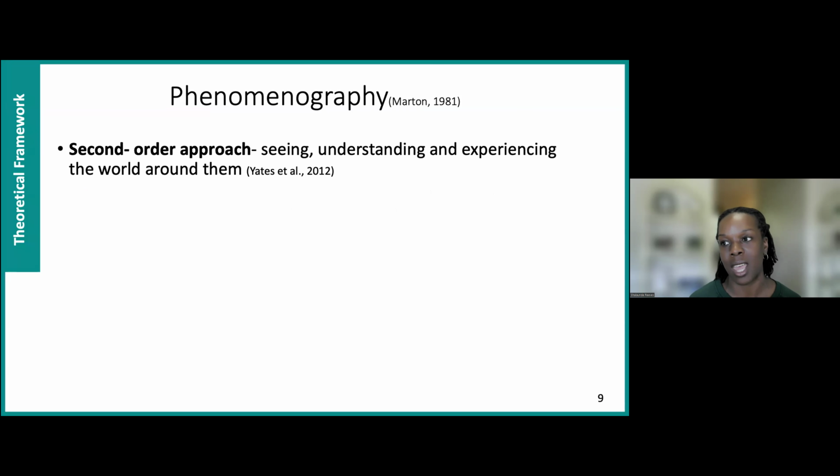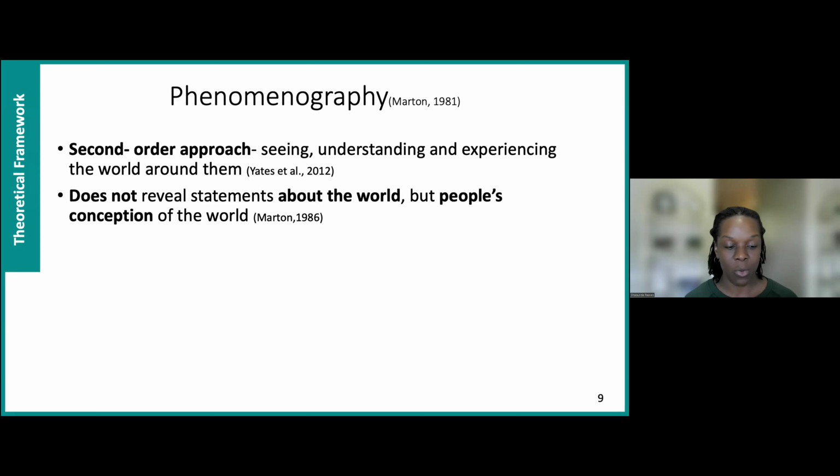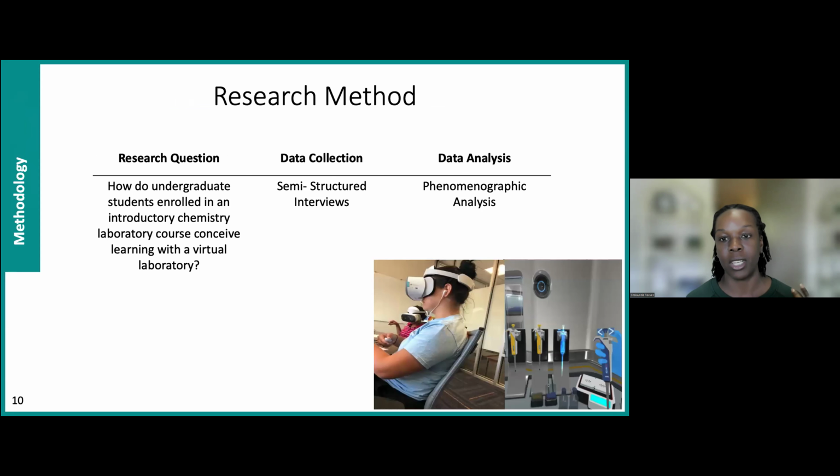So instead of saying, how did you like the virtual laboratory, which assumes the person actually liked it, it asks, what is your experience with the virtual laboratory? It does not reveal statements about the world, but people's conceptions. So I'm not trying to say this is how all students feel. I'm trying to move away from students as a monolith. They are varied individuals who come with different conceptions, and I wanted to be able to pick that up.